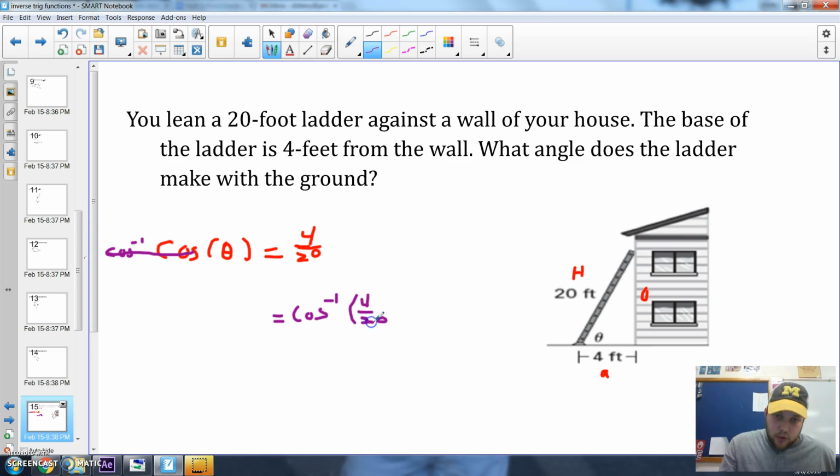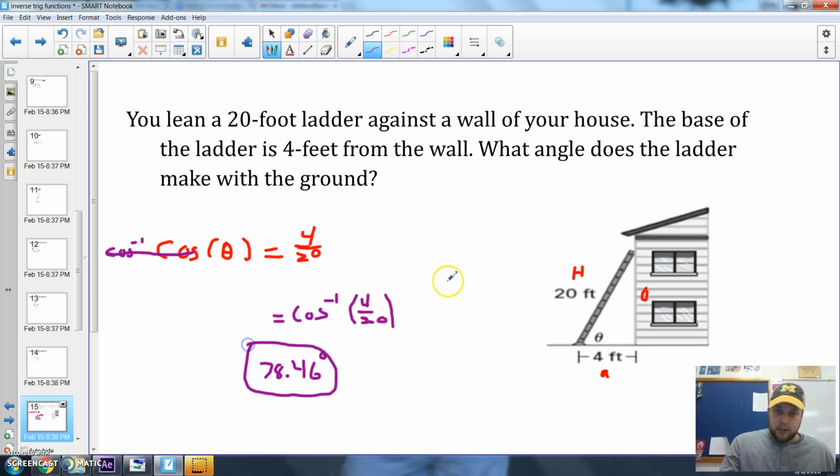Yep, that's a 20. All right, so cos inverse of 4 divided by 20, close parentheses, I have a 78.46. Okay, that's my angle.